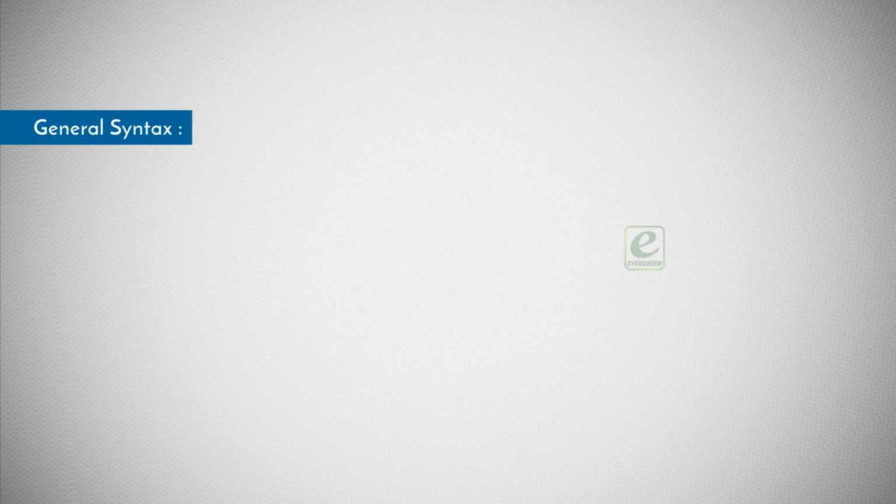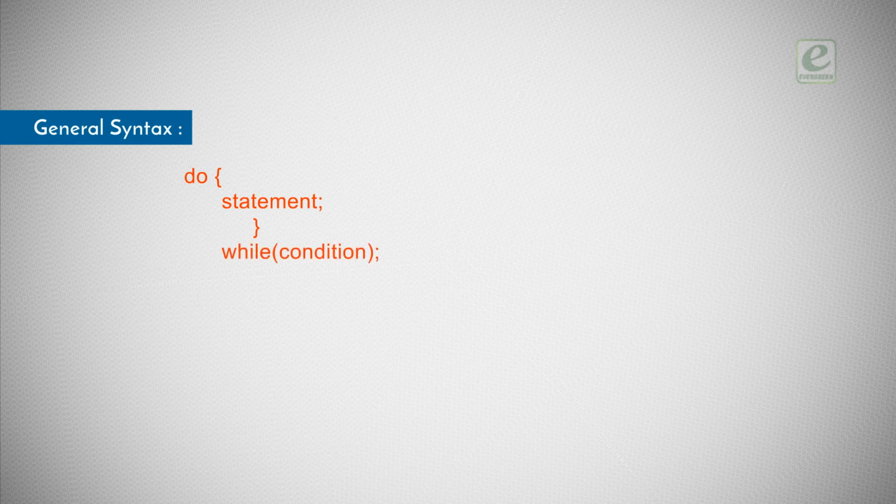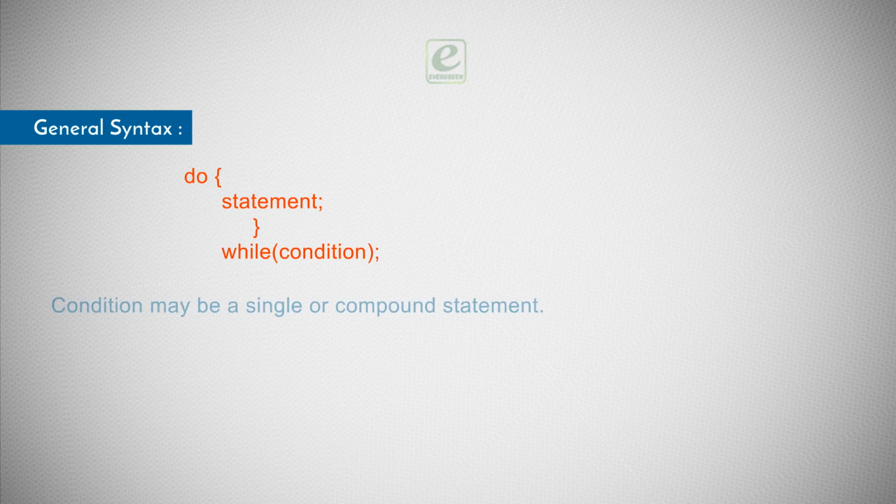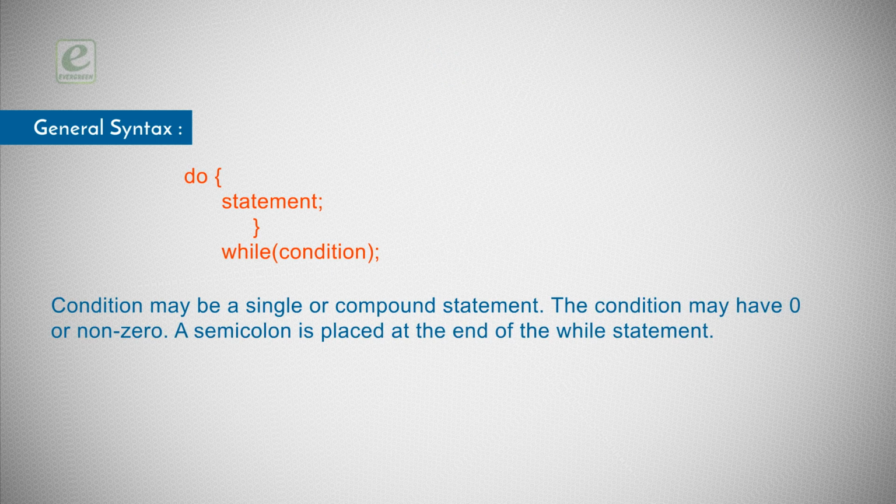General syntax: do, curly brace open, statement, semicolon, curly brace closed, while, condition within brackets, semicolon. Condition may be a single or compound statement. The condition may have 0 or non-zero value. A semicolon is placed at the end of the while statement.